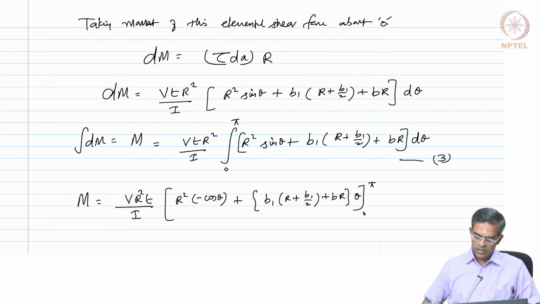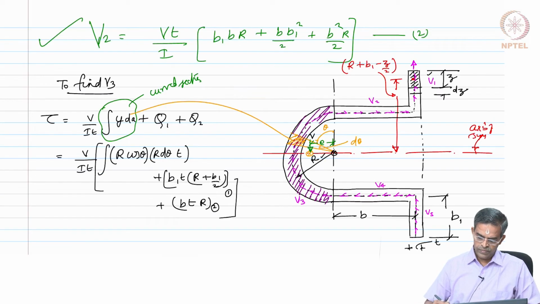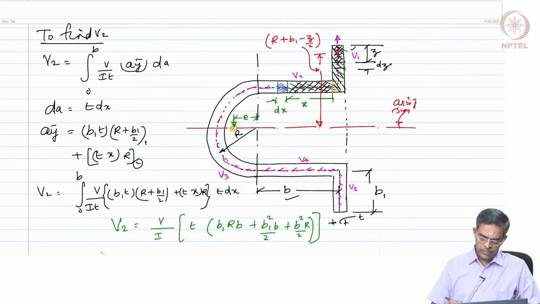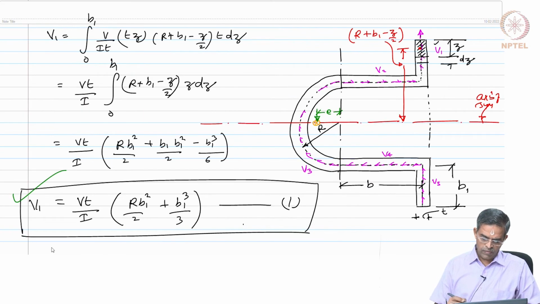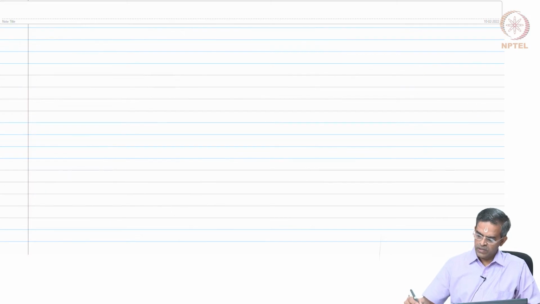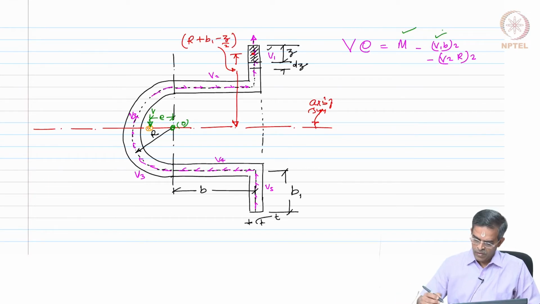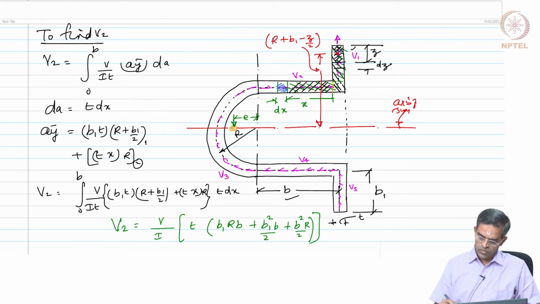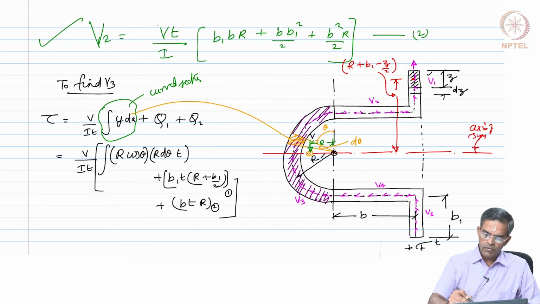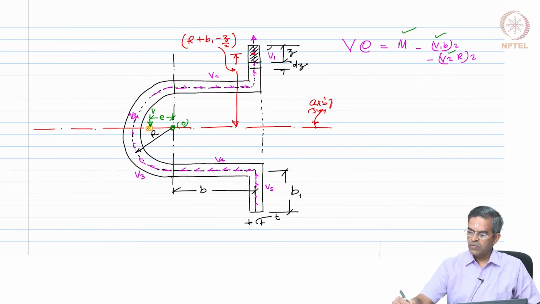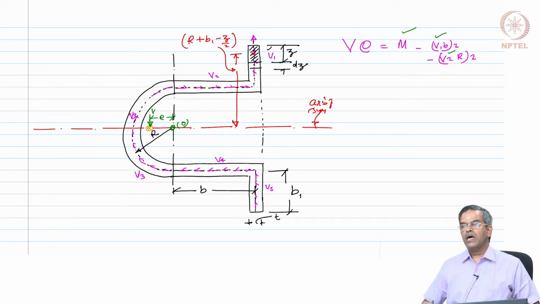We also have equation for V1. We had the equation for V1, which also has V. We also have equation for V2, which also has V. So, V2 also has V. Of course, B and R are geometric properties.